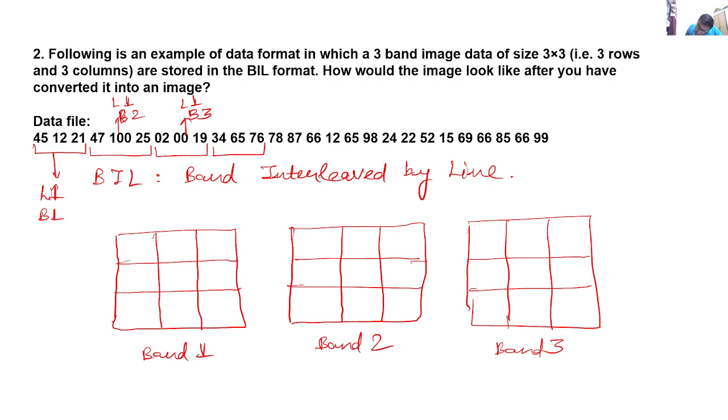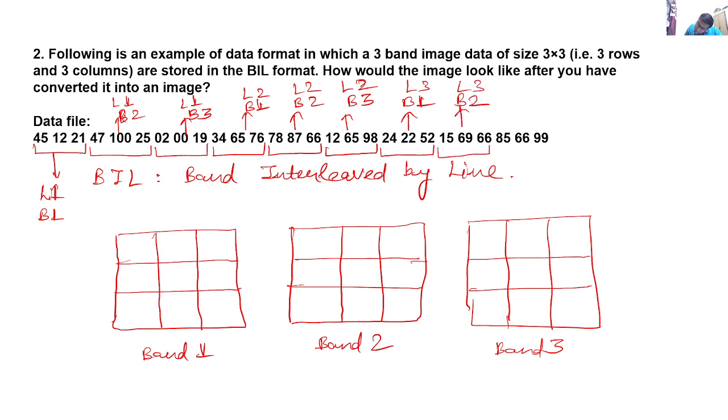Then these 3 would go to L2 of B1. These 3 would go to L2 of B2. These 3 will again go to L2 of band number 3. These will go to L3 of band number 1. This again will go to L3 of band number 2, and the final 3 data values will go to line 3 of band number 3. So this is how we will do it.